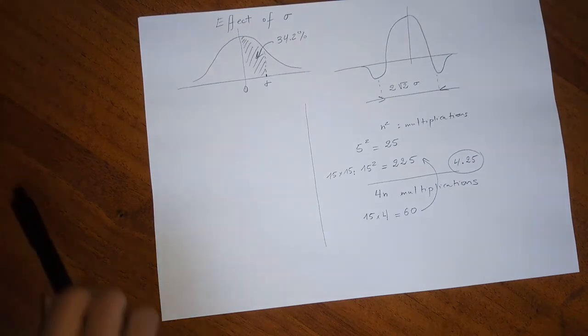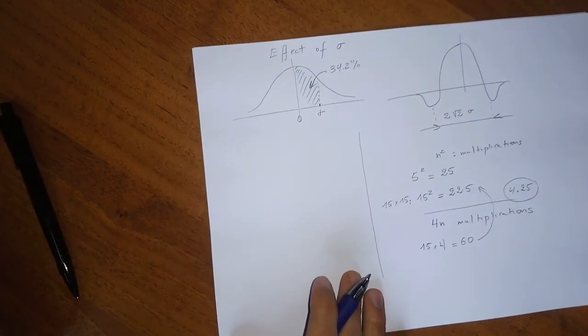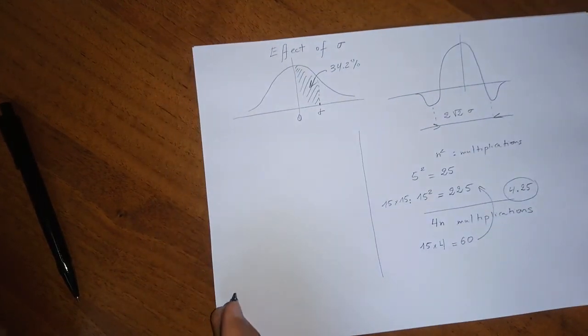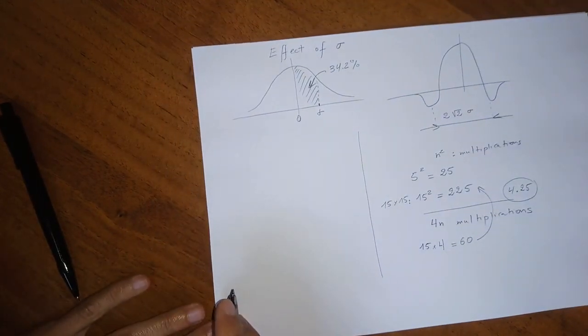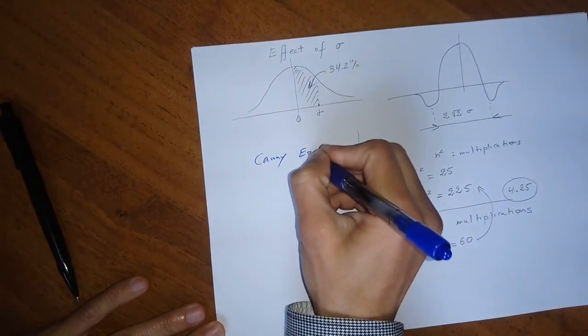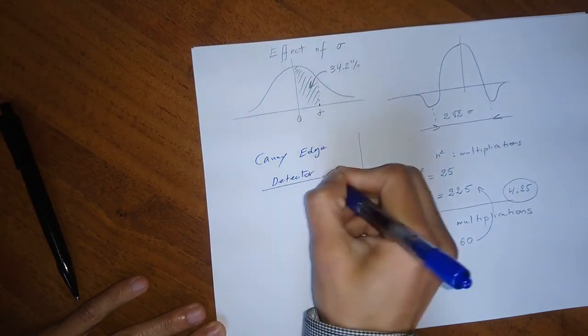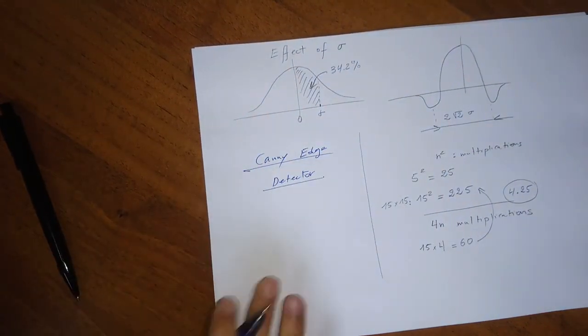Their problem is that they just give acceptable results, they do not give really good results. This is the reason why I'm going to ignore these methods and discuss with you in the next video probably the most used method to detect edges, which is called the Canny edge detector. This would be the topic of our next video.